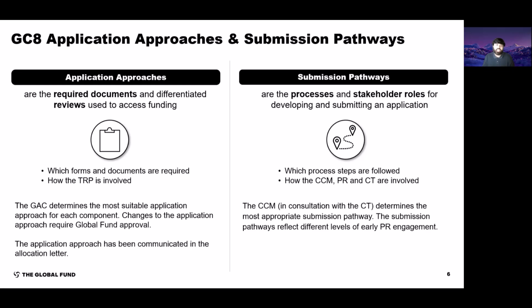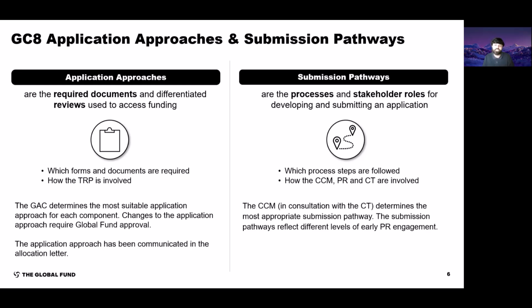In GC8, we will have a variety of application approaches continuing from previous cycles, such as full review, tailored for focus, or tailored for transition, depending on if you're high impact or core portfolio or if you're a focused portfolio. So the application approaches really dictate what type of documents the CCM will need to submit as part of their funding request submission. It also covers, within the application approach, how the TRP is involved and how the TRP will review your funding request.